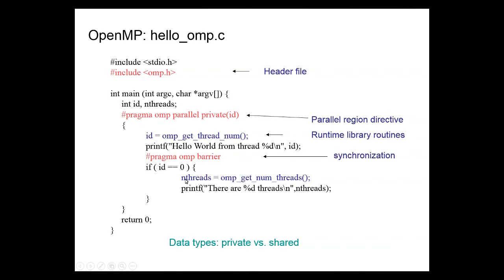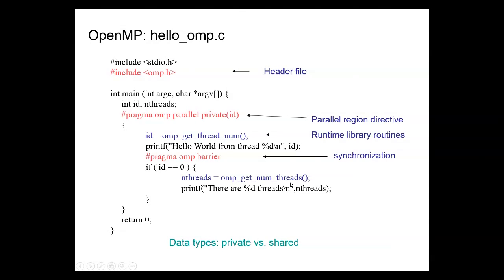And here, because each thread has a different ID, you can tell one of the threads to do something, and the other threads basically don't need to do anything. So here, if the thread ID is 0, which we sometimes call the master thread, then it calls omp_get_num_threads.